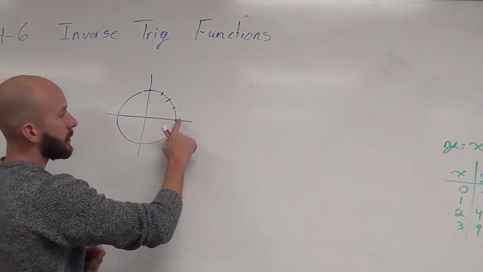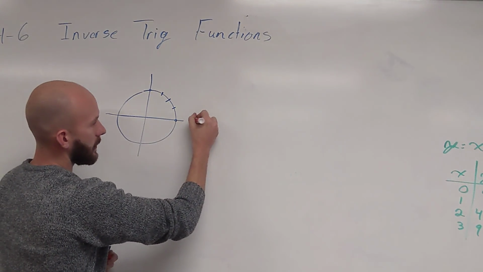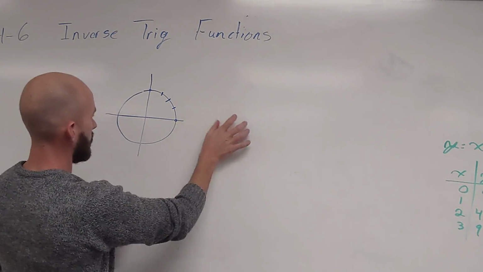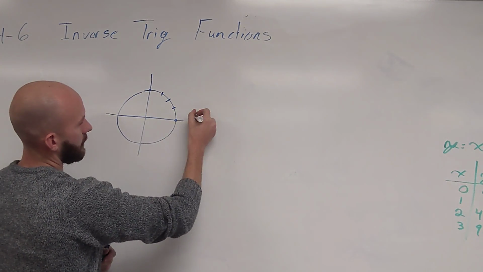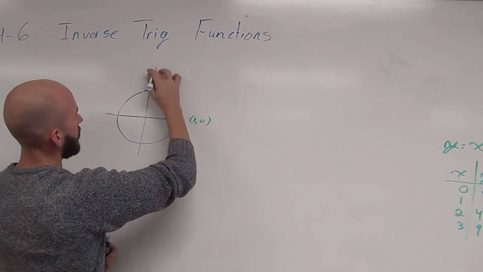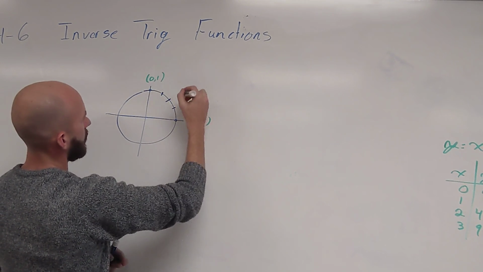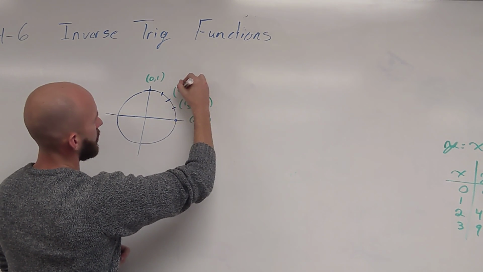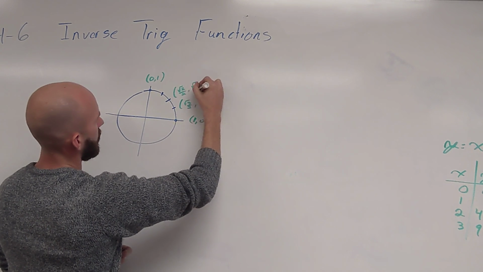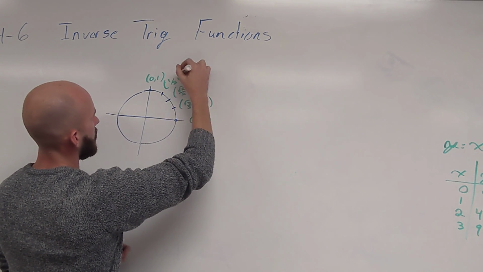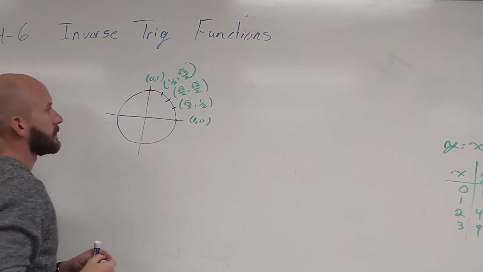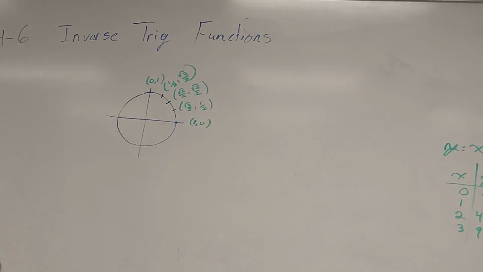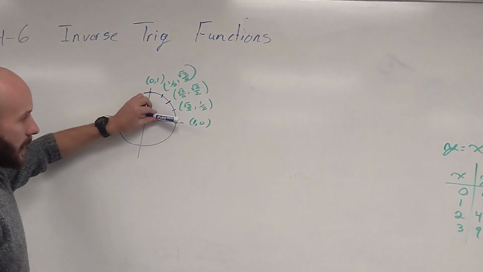So these values here in quadrant 1, all right, so those are our values for the special angles in quadrant 1.